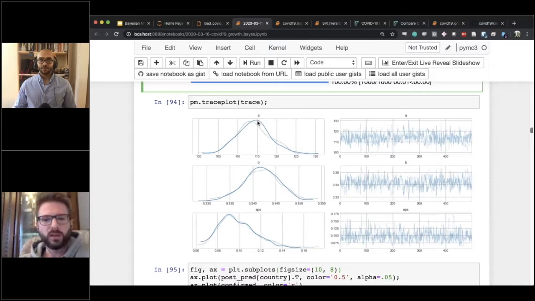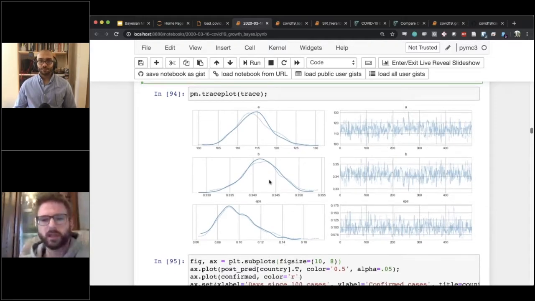So we think that the intercept is 115, but it could also be 120, could also be 110. And we think that the growth rate most likely is going to be around 0.34, maybe 0.340 something. But it could also be higher, could also be a little bit lower. But you can see it's in a very narrow range, so we actually have a lot of certainty that the growth rate is going to be in this particular value, just because the data is fairly informative, and also because of the prior we set here.